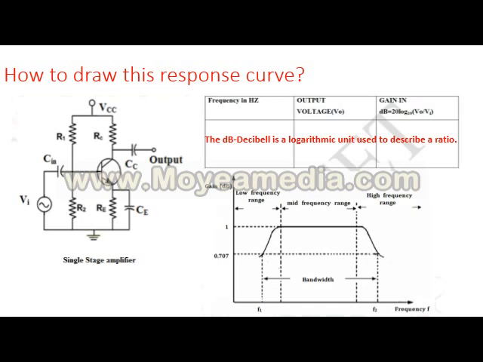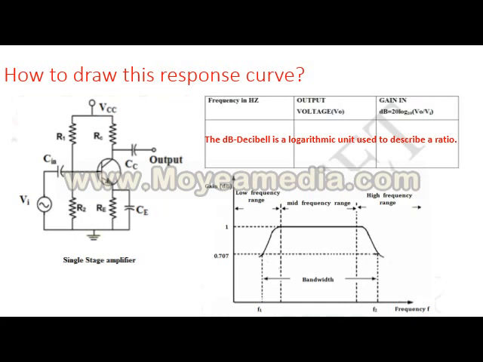First column represents the frequency in hertz. Then second column represents the output voltage. Third column indicates the gain. Equation of gain is 20 log Vout by Vin. If we set Vin equal to 100 millivolt, it is 100 millivolt throughout the experiment.